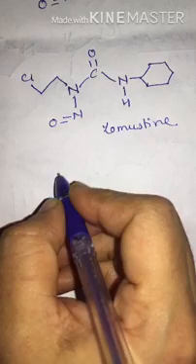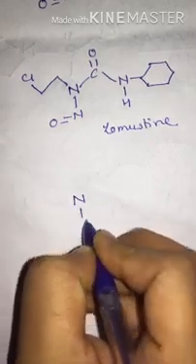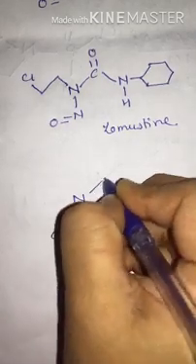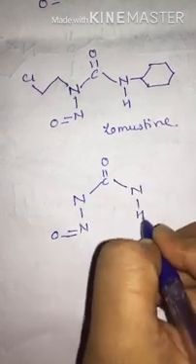Then the next nitrosourea is streptozocin. The structure is similar, the nitrosourea part is similar. So we will draw here double bond O, then it is NH.